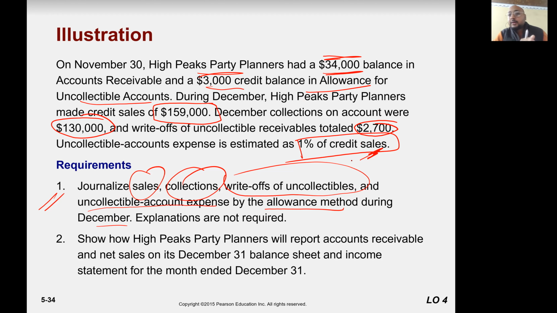They didn't give us the aging table either. So they tell us 1% of credit sales. Credit sales is 159,000. And then second is show how High Peaks will report accounts receivable and net sales on the balance sheet.